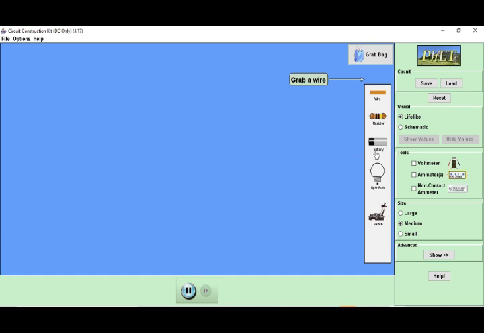Now, let's create a parallel connection. So first, we have batteries. Okay, and then let's connect the battery to a switch. And then let's have the wires.